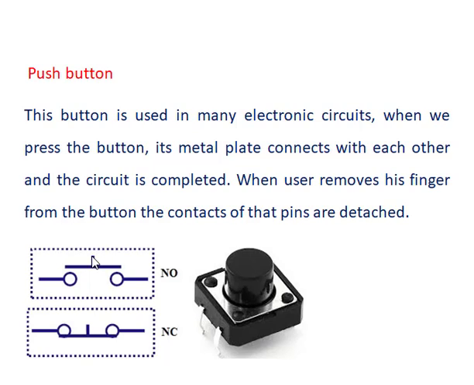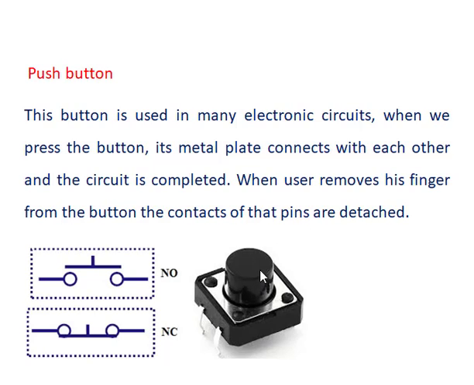If we press here, both the lines are connected. This push button is used in many electrical and electronic circuits. If we press this button, this metal plate connects with the other and the circuit is completed.